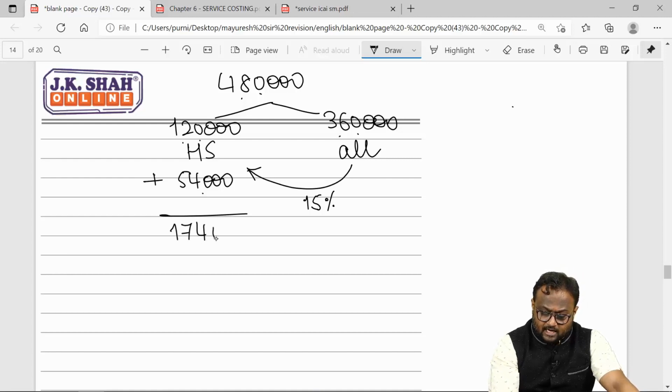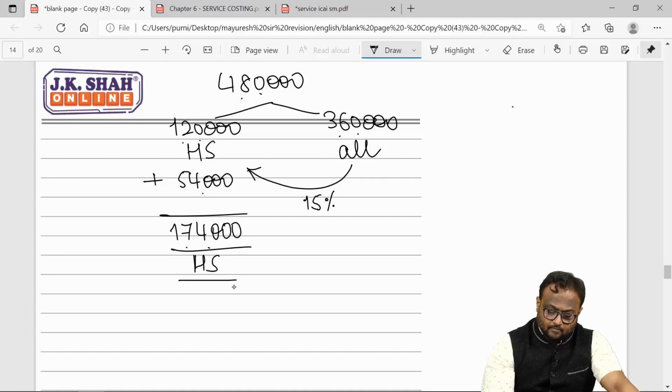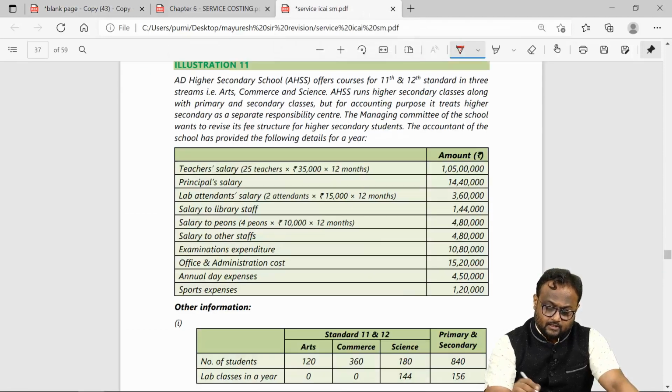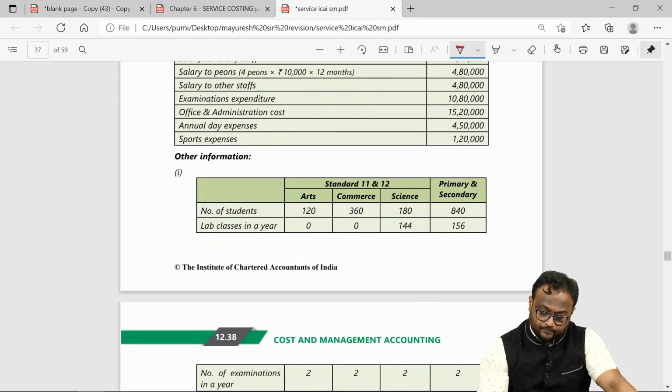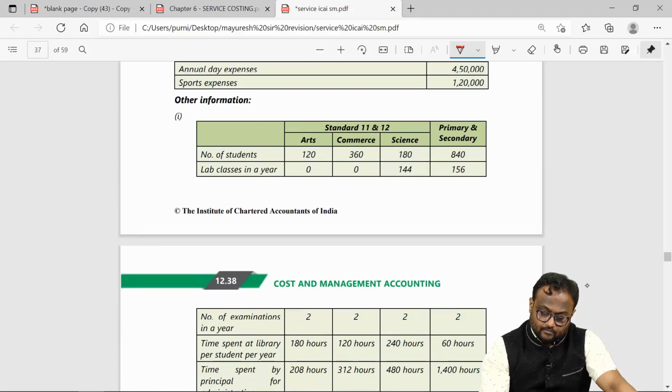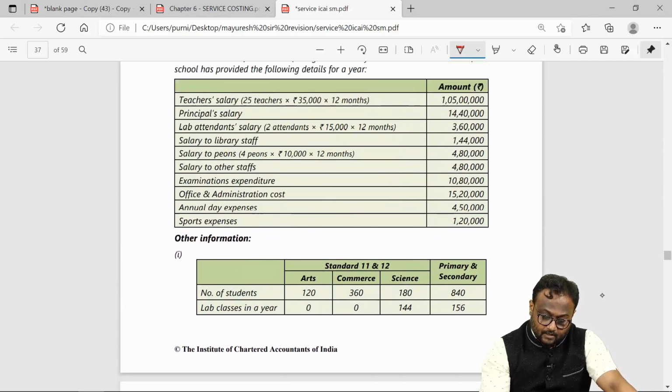So I'm going to charge 1,74,000 to higher secondary. Out of 4,80,000, I'm going to charge 1,74,000 to higher secondary, and definitely it has to be on the basis of number of students. That is what they have done.